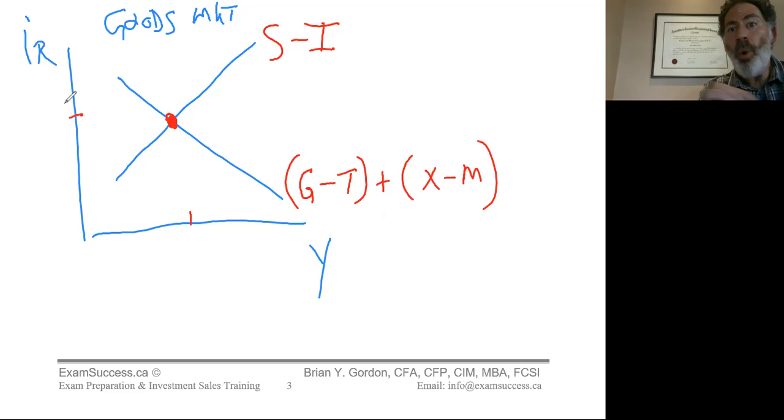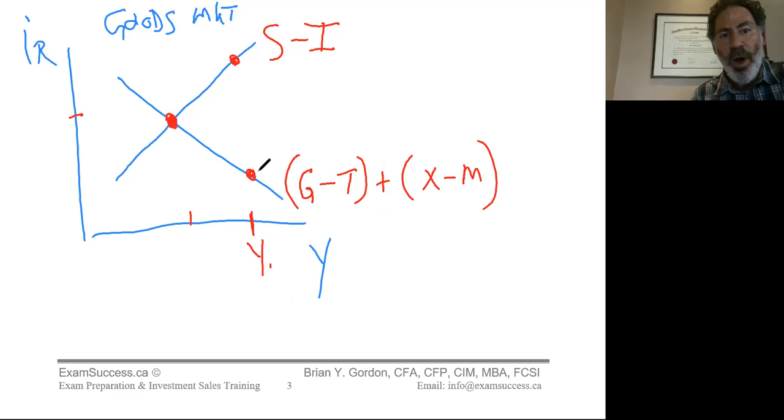Well, what happens if we are at an output level, call it number 1 over here? And this is where the savings investment is greater than the expenditure component. I'm giving it away here.